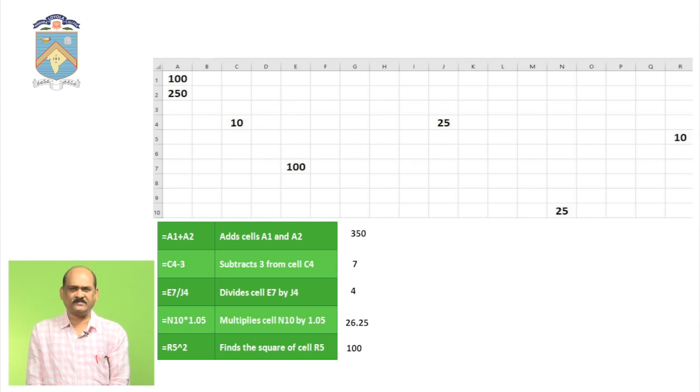And the last formula is equal to R5, that is the content is 10, and the exponentiation symbol, raised to the power of 2, squaring up R5, that is 10, and the result is 100. All these are formulas entered by the user by his or her own hand, equal sign and all contents.